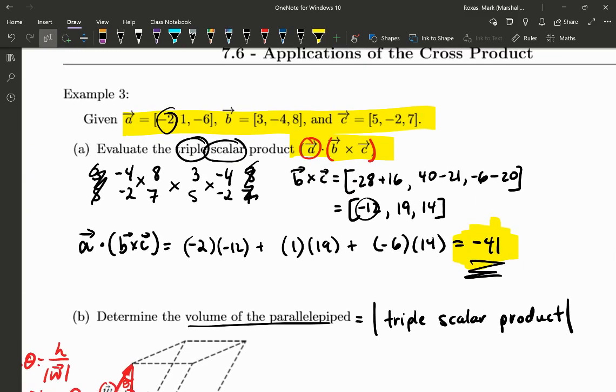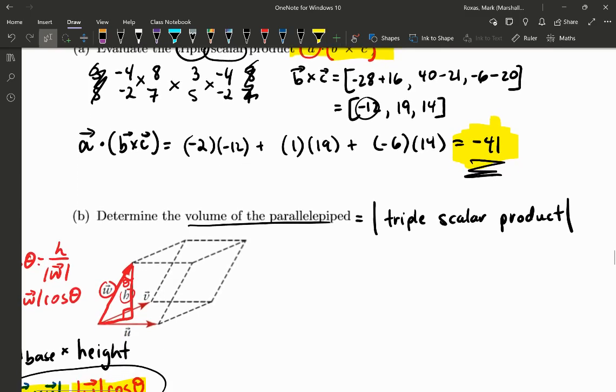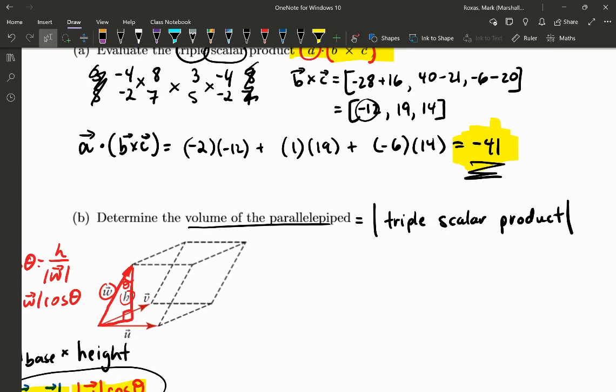And then we looked at triple scalar products. Here we have a triple scalar product, as well as the application of a triple scalar product, which can help you find the volume of a parallelepiped shape. I didn't mention, but a parallelepiped is kind of like a rectangular prism, but you've got all six sides, where each side is a parallelogram.